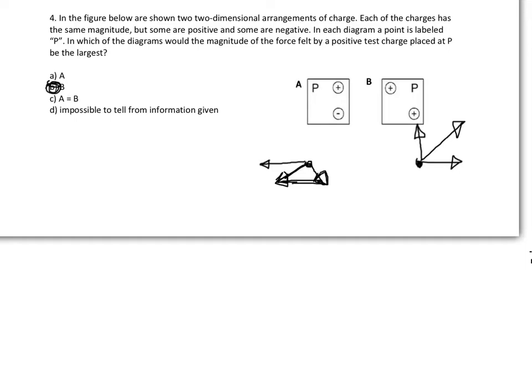You can almost guess this one, because if you think about it, this guy is getting pushed away, right? You've got two positive ones, they're pushing him away. Those pushes add up to a greater push here. This one, he's being pushed away, but he's being pulled back, not in the same direction, but roughly in the same direction. So here he's got a push and a pull. You might guess offhand, without even doing any diagrams, that B is greater, and you would be right.